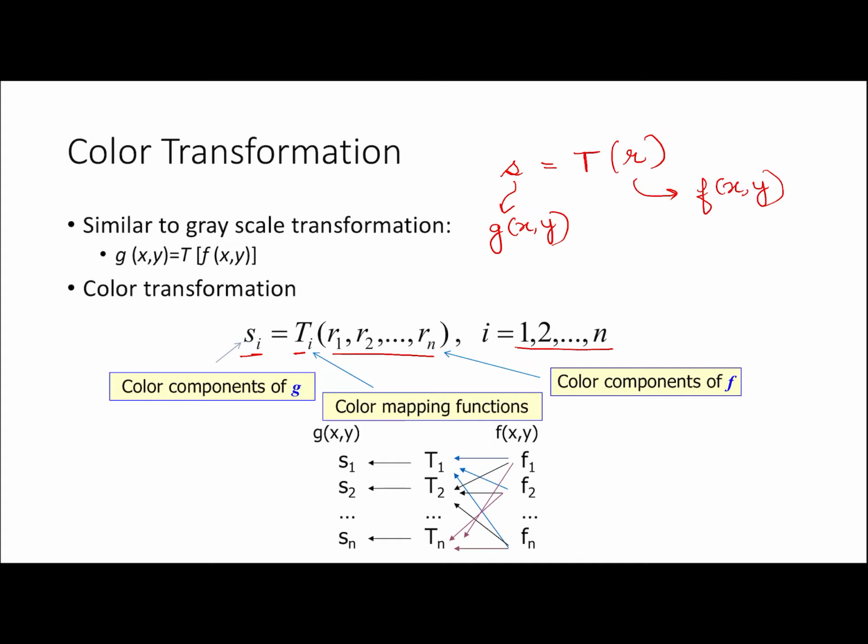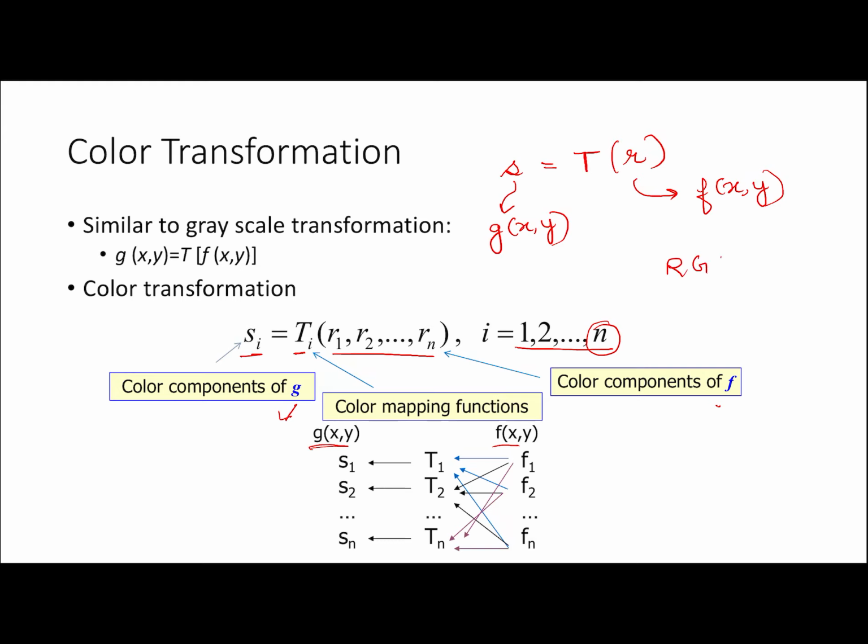Here s_i is the color component in the processed image g(x,y), r_i is the color component in the input image f(x,y), and n is the number of components in this color specification.